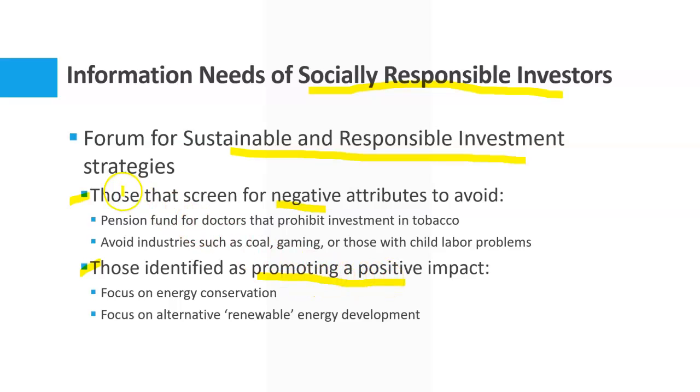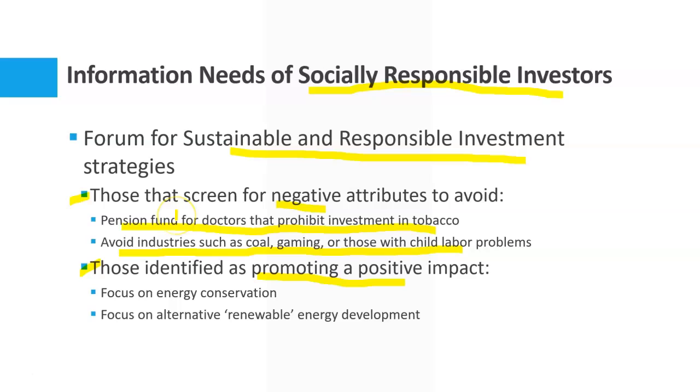So for example, for those that screen for negative attributes to avoid, for example, a pension fund for doctors that prohibits investment in tobacco. They will avoid industries such as coal, gaming, or those with child labor problems.